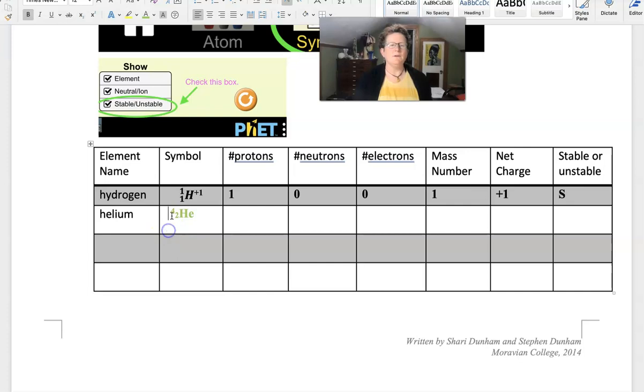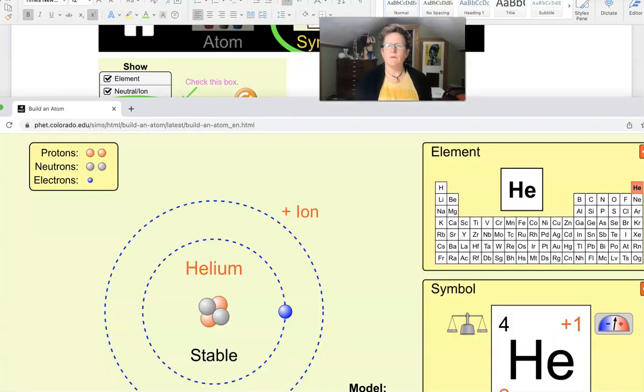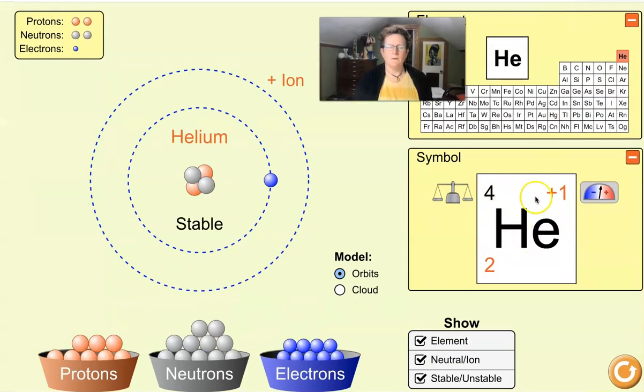That's really not the correct way to do it. It should be 4 right on top of the 2, but we'll work with it that way. And then we'll superscript our +1. So it looks like the symbol here. So we want 4 on top of the 2 and the +1.